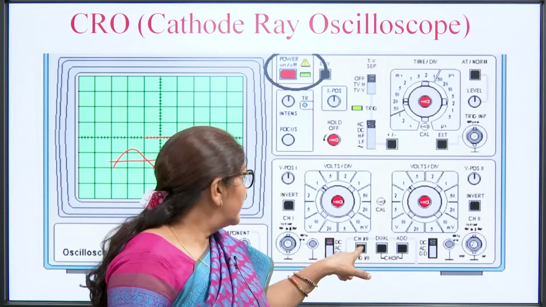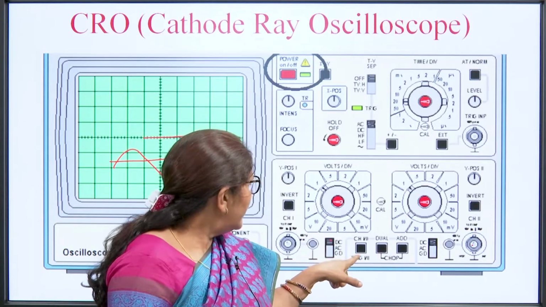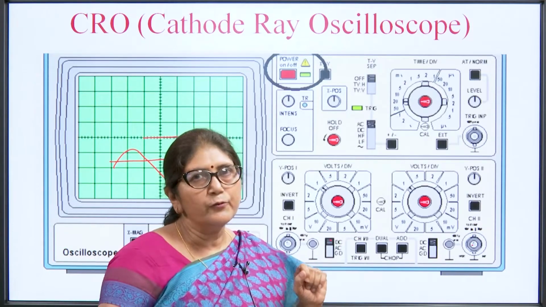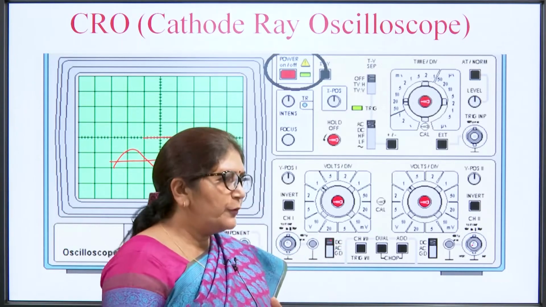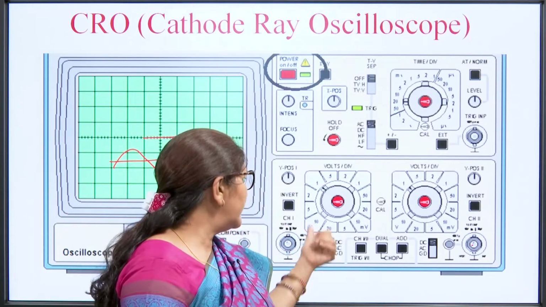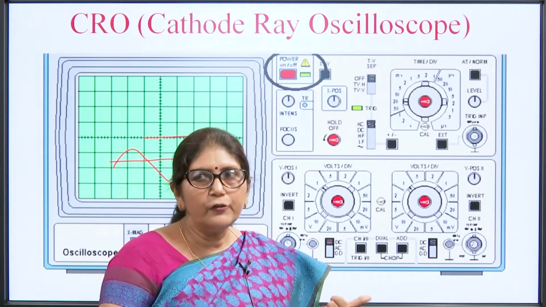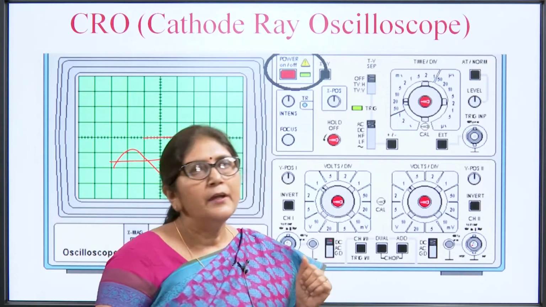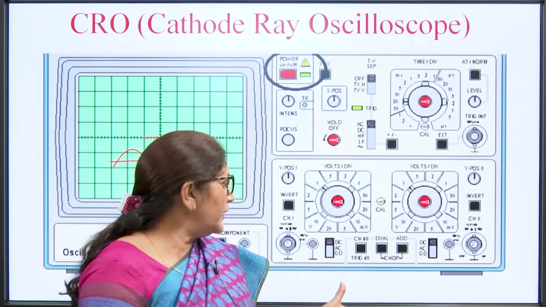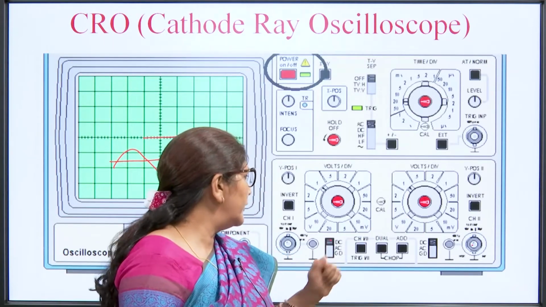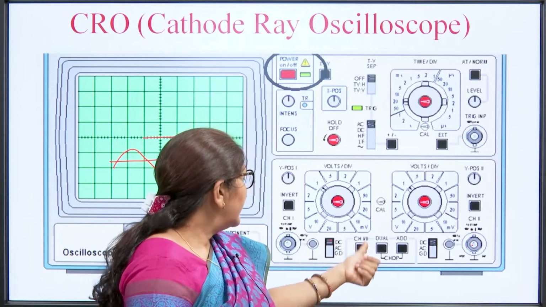Then there are 3 switches: trigger, channel 1, channel 2. If the switch is in the out position, then initially it is triggering channel 1. Suppose we want to trigger channel 2, then we will press this switch and it will select channel 2. Then there is dual.